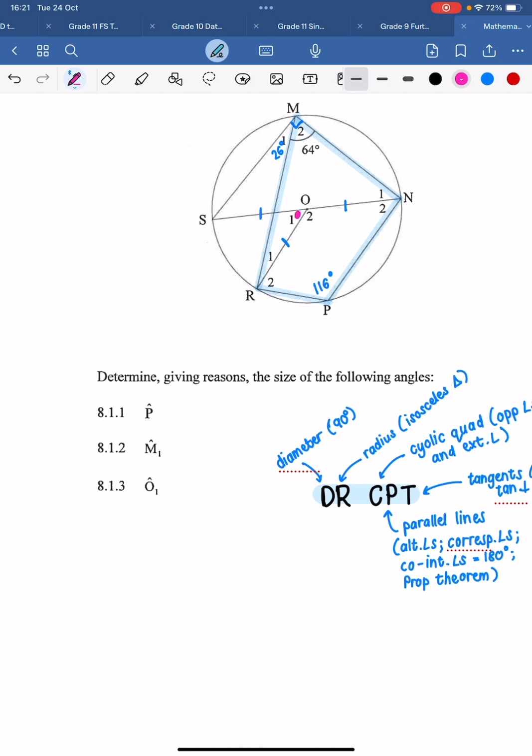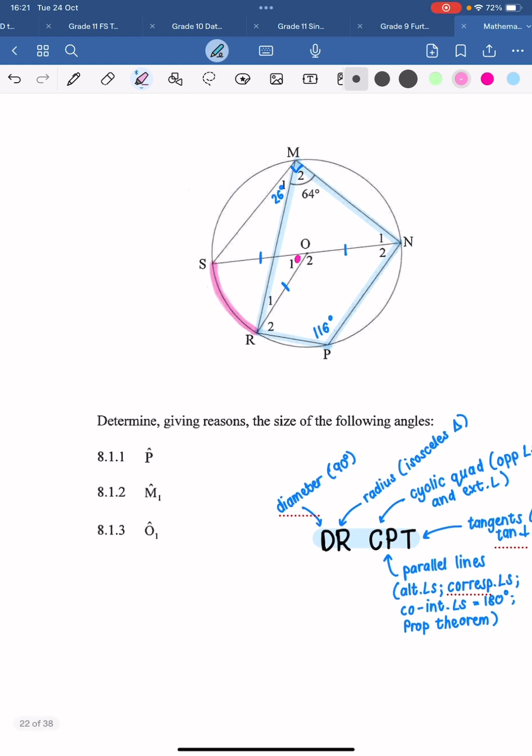Now, guys, I want you to notice that O1 is at the center and it is subtended by this arc of the circle, arc SR. Now SR subtends O1 at the center. It also subtends M1 at the circumference.